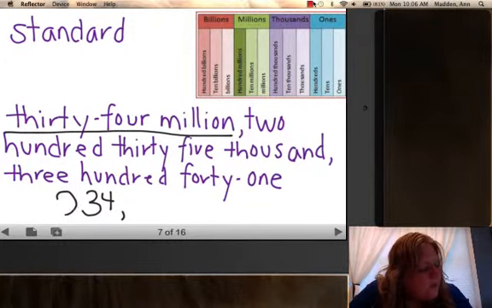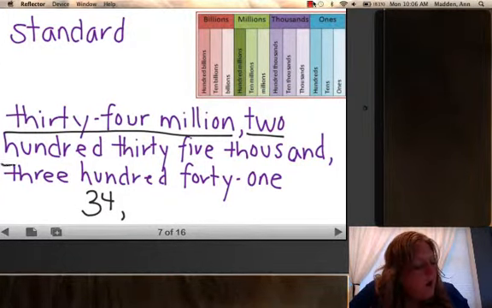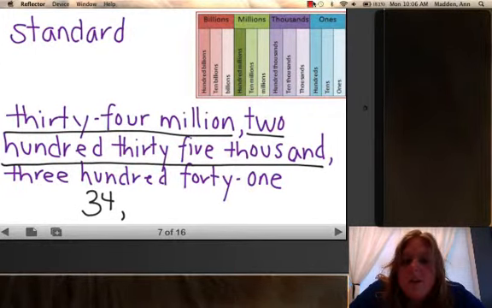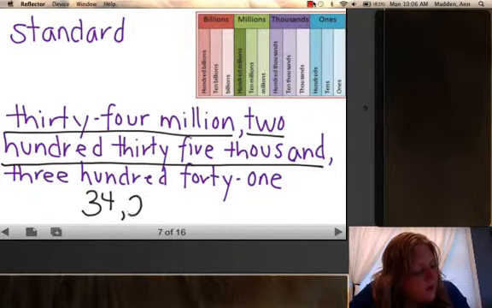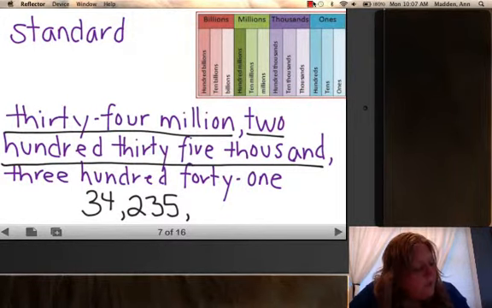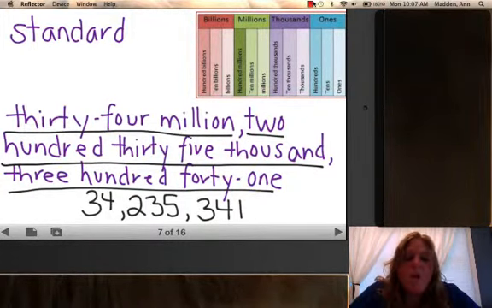You could write it like this, but that would just look a little goofy. So I'm going to take that off, and I'm going to leave it just at the 34. So I've got 34,235,000. So my next place value there is thousands. So I hear 235,000. That's my comma. 341. There is our standard form of that number.